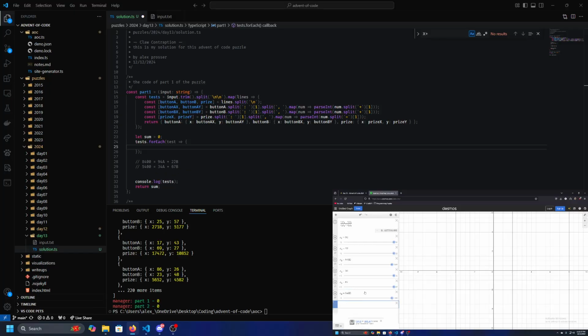Let me confirm this. B is equal to 40. C3 minus C2 times B all over C1. Okay, so that formula is correct.